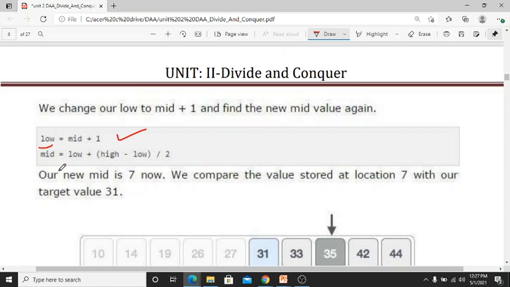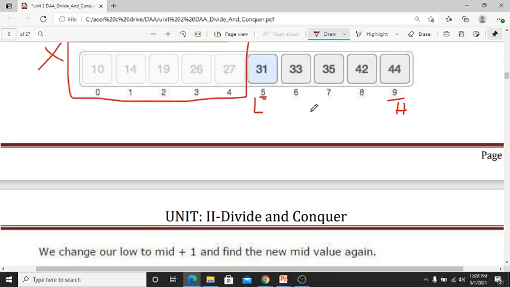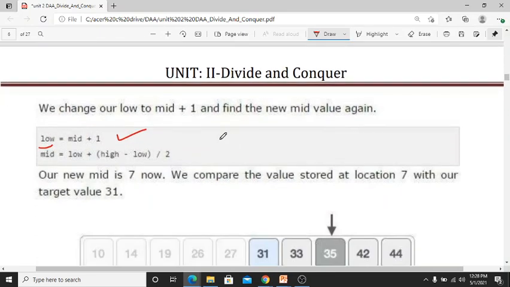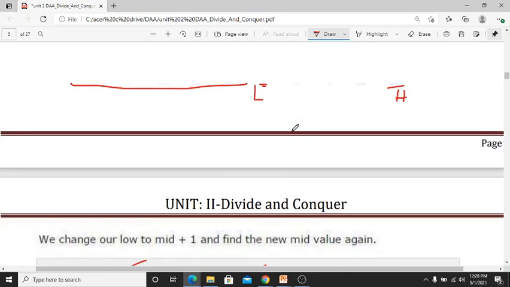Next, mid is equal to, same formula, low plus high minus low by 2. So what is low now? Low is 5, plus, what is our high value?